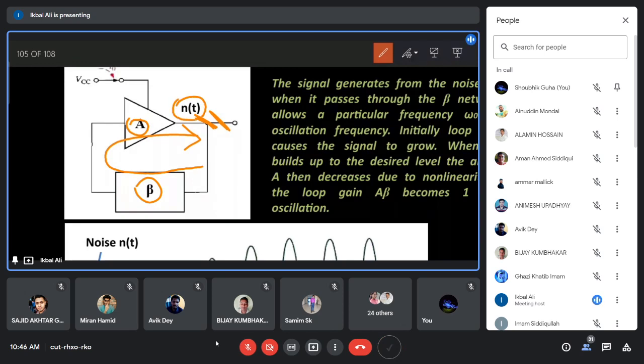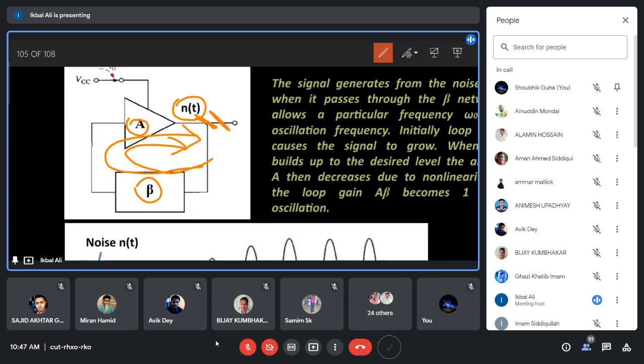Then that noise signal travels another loop, and the second time it reaches the output, it will be much higher than the previous noise voltage. In this way, it repeatedly circulates around this A beta loop, which is greater than 1. So with every traversal of the loop, the noise signal at the output side will grow, and in this way the noise signal will reach a very high voltage.